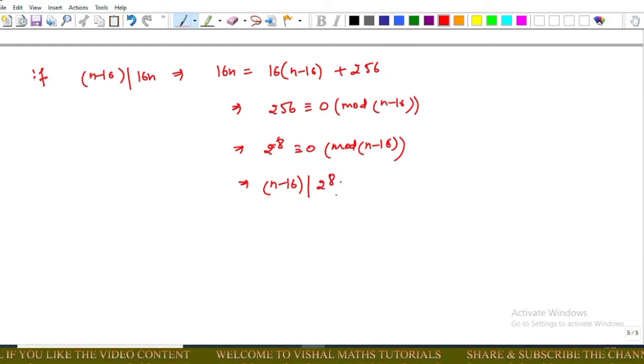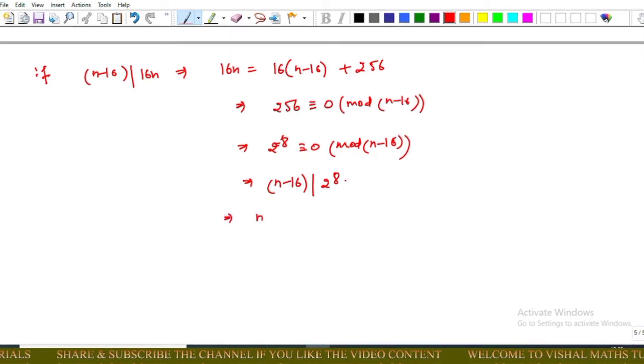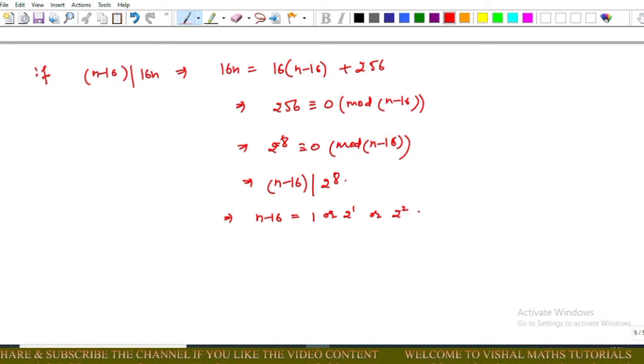This implies that n minus 16 equals 1, or 2 power 1, or 2 power 2, or 2 power 3, and so on up to 2 power 8.